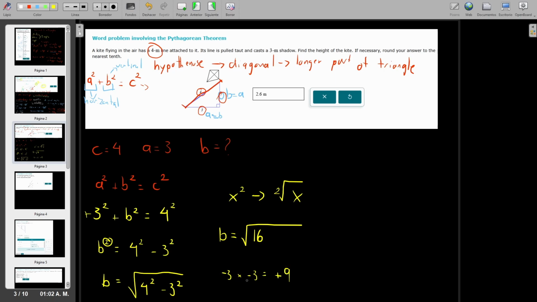Because negative times negative is going to give us positive. Remember that. So it's going to be positive 9. Now, the square root, I'm going to be continuing here so we can keep track. b is going to be the square root of how much is 16 plus 9? 25. Right?